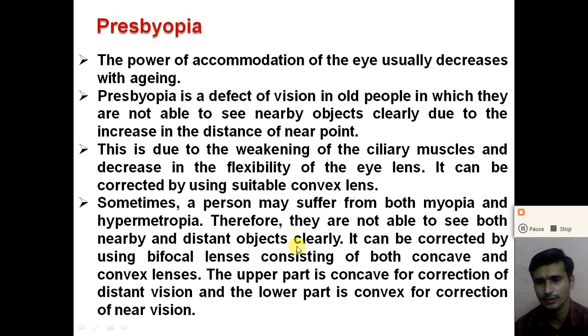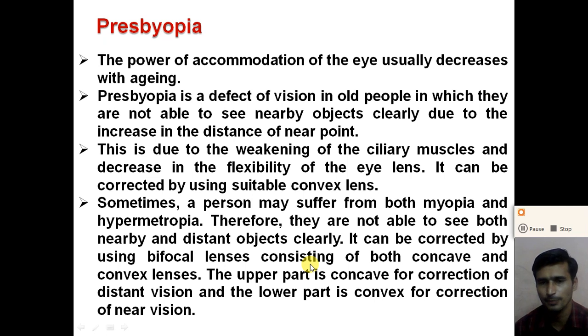So if the person suffers from both myopia and hypermetropia, the person is not able to see both the nearby object as well as the far object clearly. So how can this type of presbyopia be corrected? It can be corrected by using a bifocal lens, right?